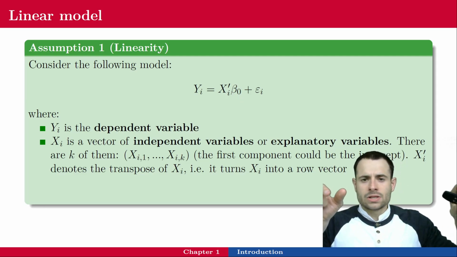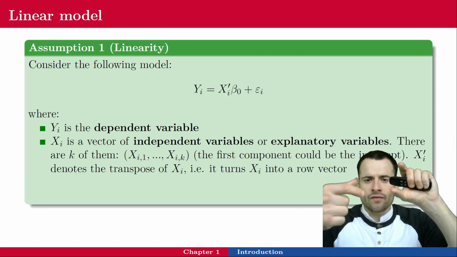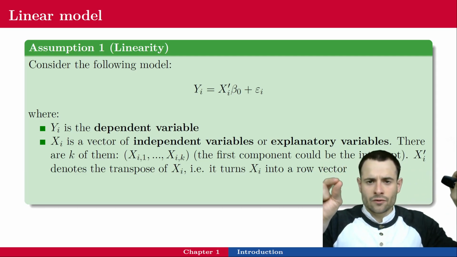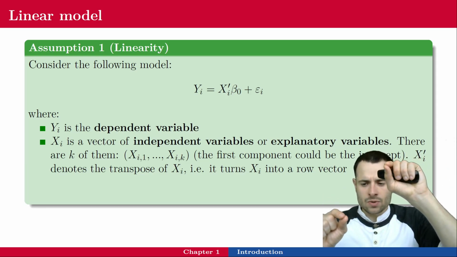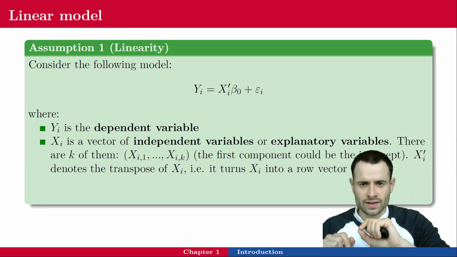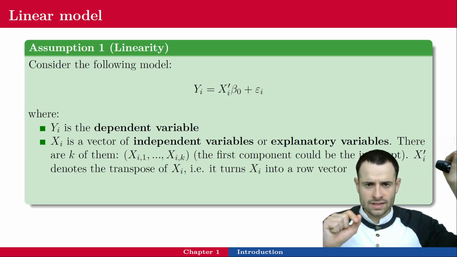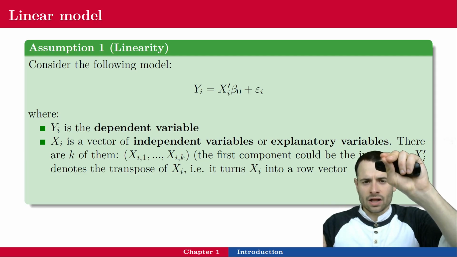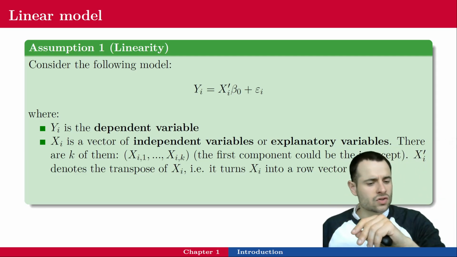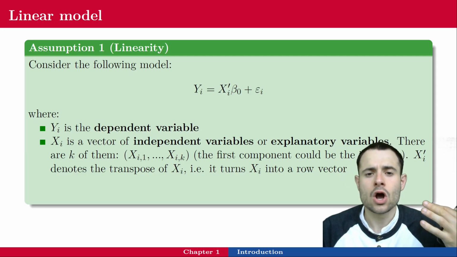When I multiply a row vector by a column vector, I multiply the first components plus the multiplication of the second components plus the multiplication of the third, and so on. And that gives me xi1 beta 1 plus xi2 beta 2 plus xi3 beta 3, and so on and so forth. So this is just a way to make notation more compact.